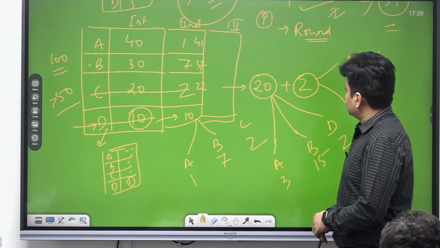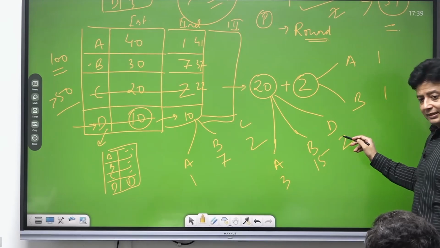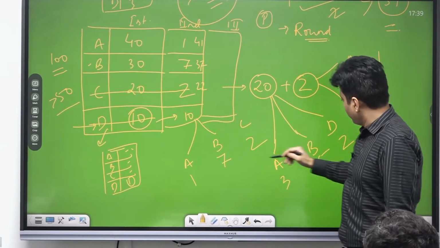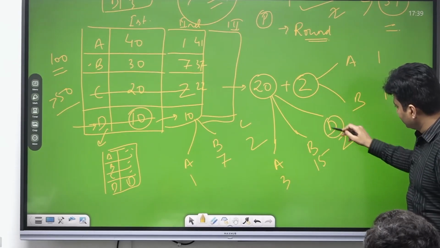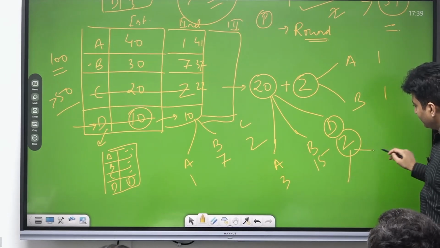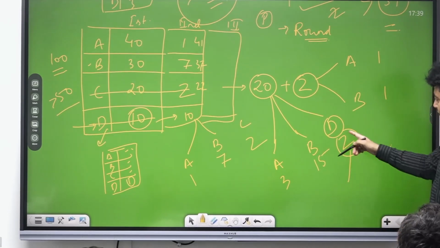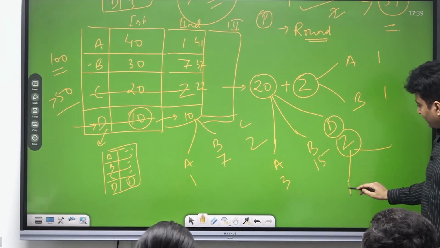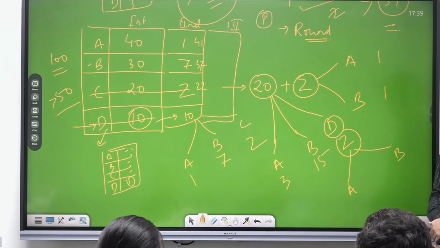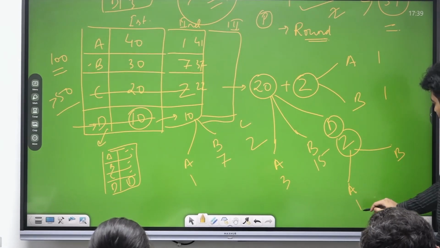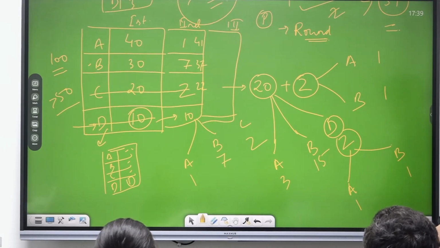Now, since this D is not coming to be calculated here, we have to reopen it again to see the next higher preference. Already we have counted all the preferences in this D, and here we are having either for A or for B. So what do you think? We can do one thing, 1 and 1. That's fine. Is it understood to you or no?